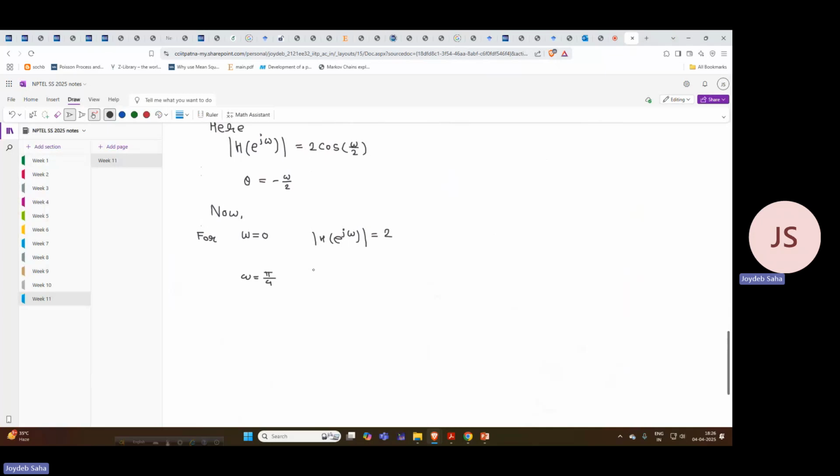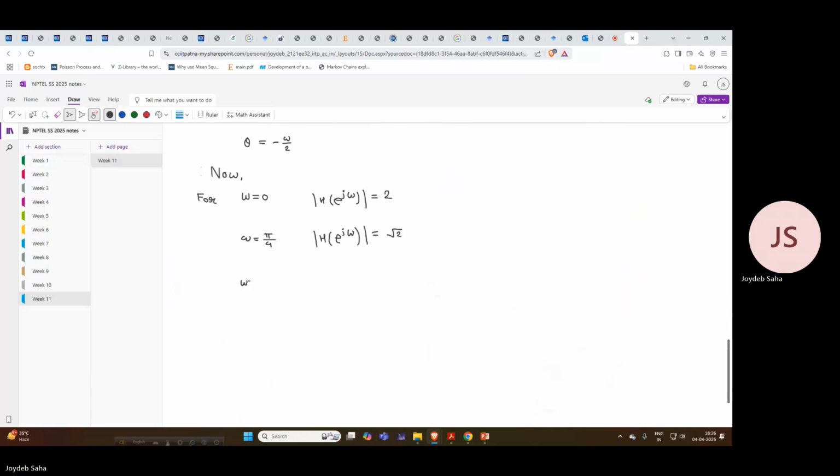Okay. The H of e to the power j omega was root 2, and for omega is equal to pi.